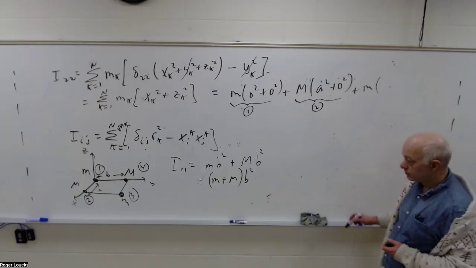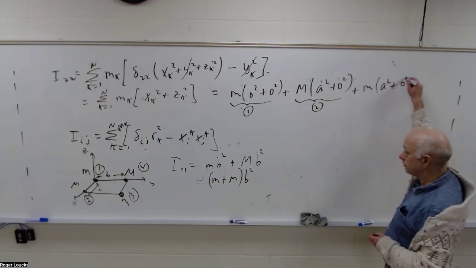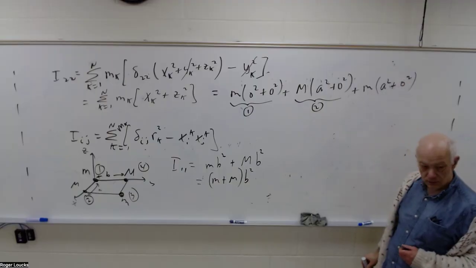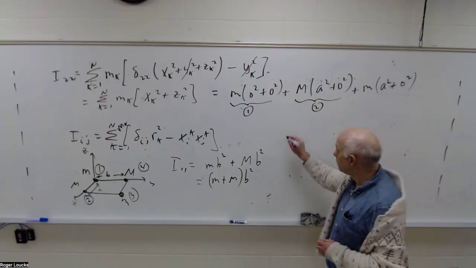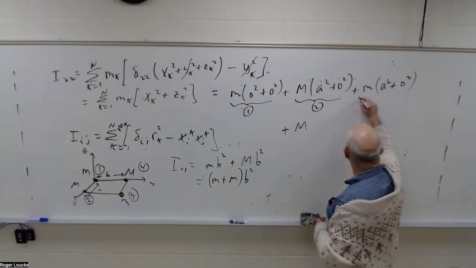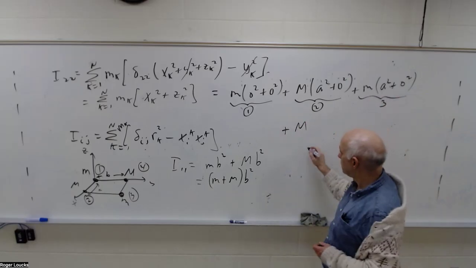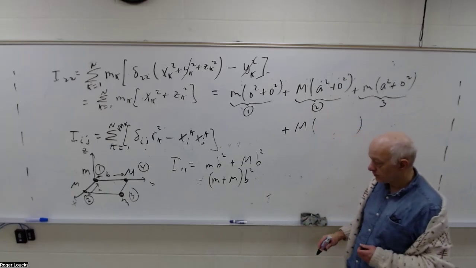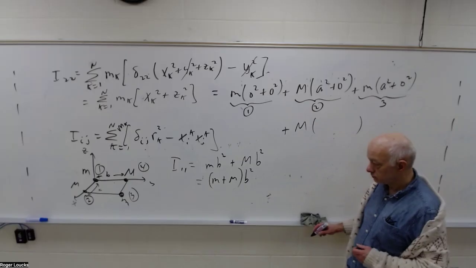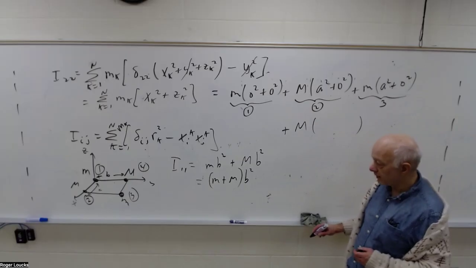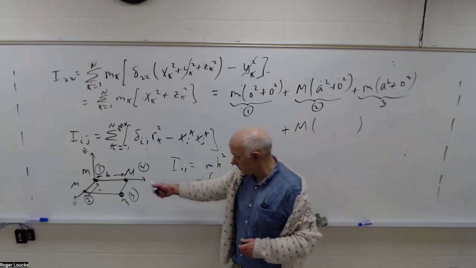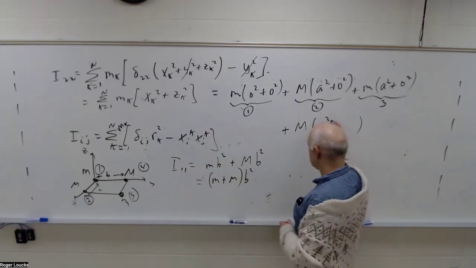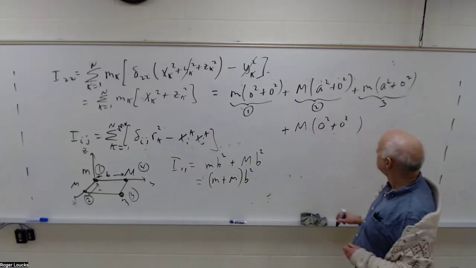A squared plus 0 squared. Then I have my little m. This is my particle 3. And then what is this one? 0 squared plus 0. My X value is for this guy, 0. My Z plus 0.